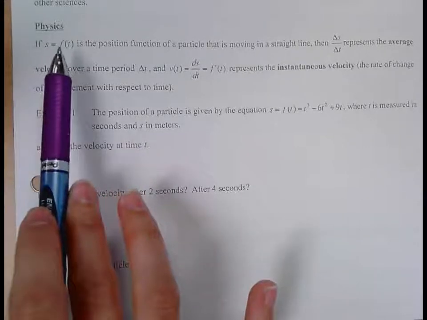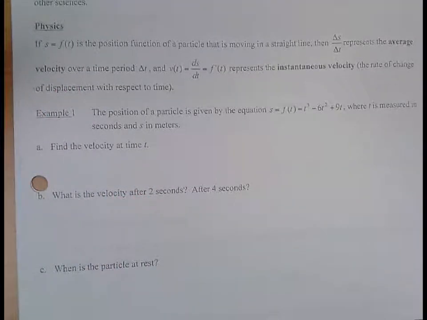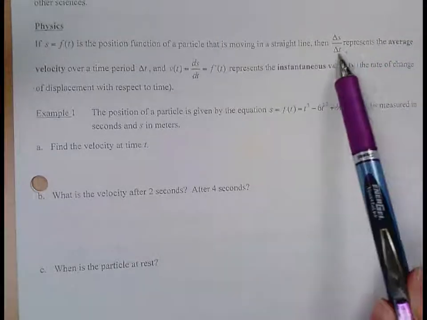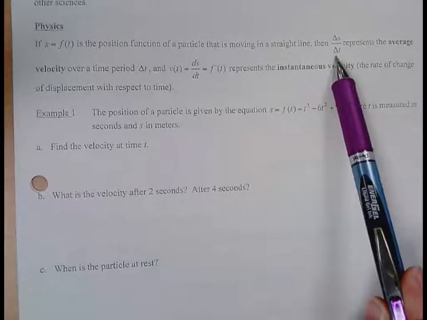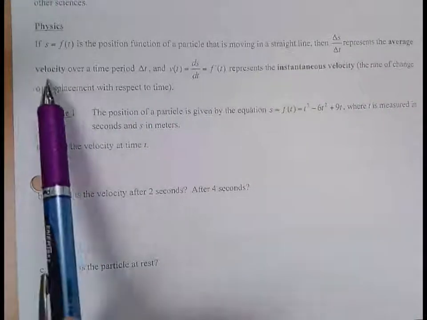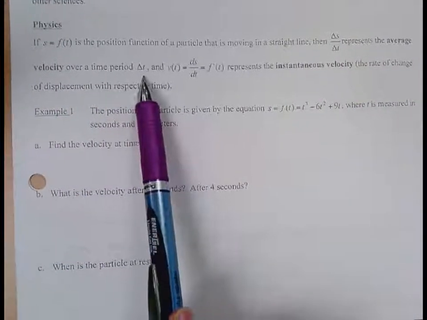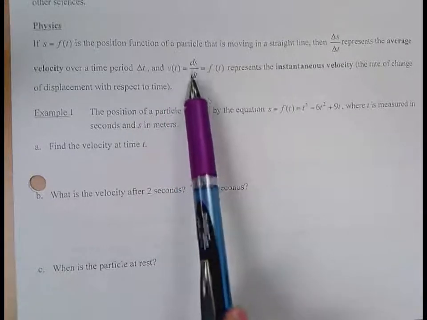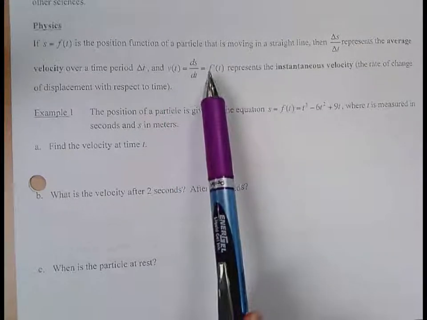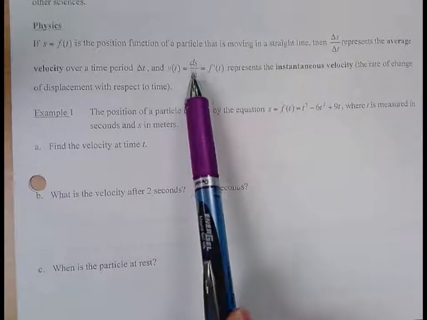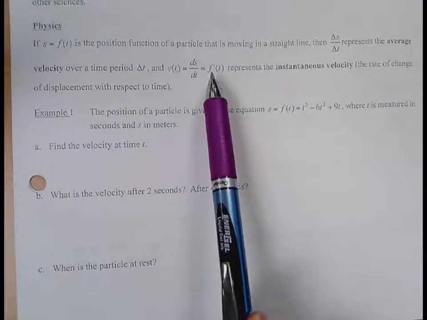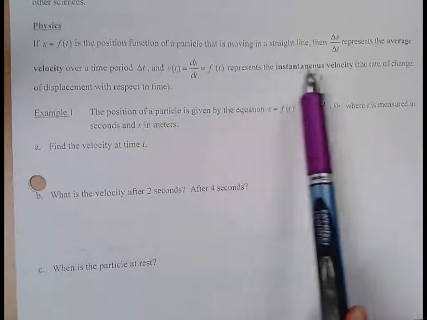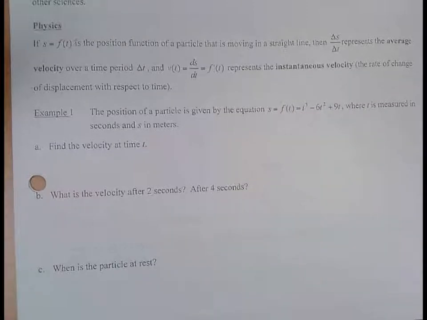So if s equals f of t is a position function of a particle that's moving in a straight line, then change in s over change in t represents average velocity over a time period. And the velocity is the first derivative, which we've already talked about. So ds dt would be the Leibniz notation, which is f prime of t. That's the instantaneous velocity, the rate of change of displacement with respect to time.